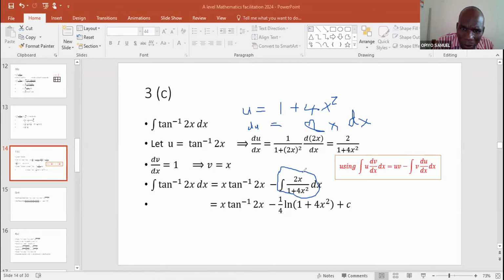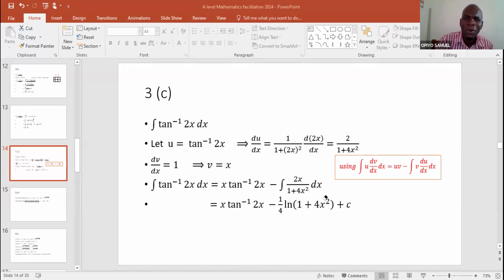This x will cancel the one here. So by 2, 1 by 2, 4, that's how the 1 over 4 will come. So this is using another approach. But ideally, what we have here is just a function and its derivative, so you go straight away to natural logarithm.